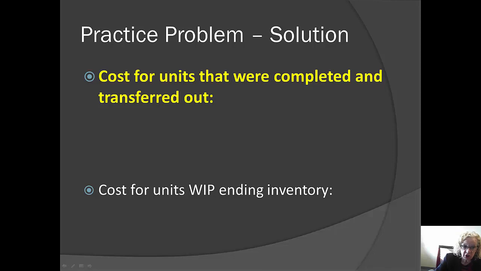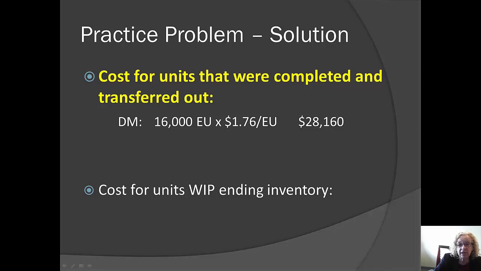Next, we need to determine how much cost was associated with the units that were completed and transferred out during the period. We know that that represented 16,000 equivalent units for material. We can multiply by the cost per equivalent unit for materials, and that gives us the dollar value of the materials that were in the units that got finished.